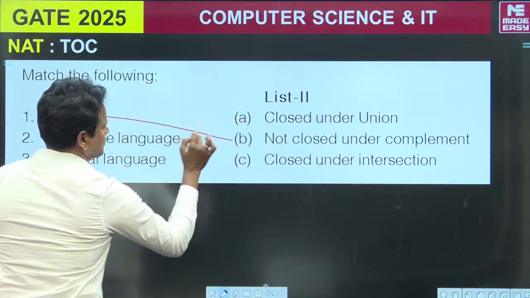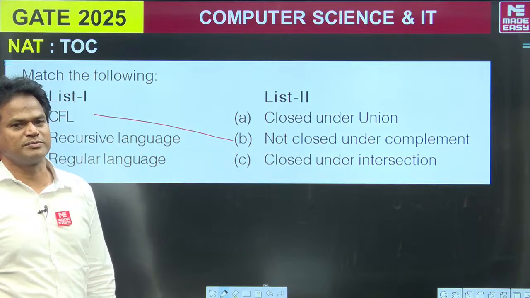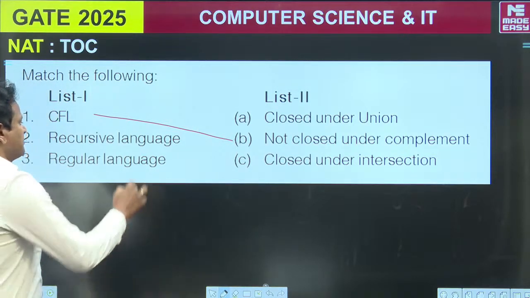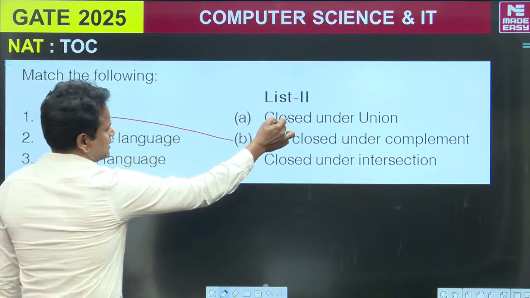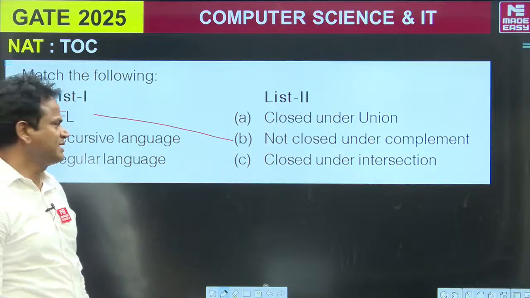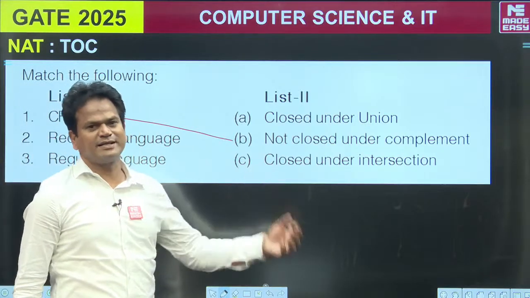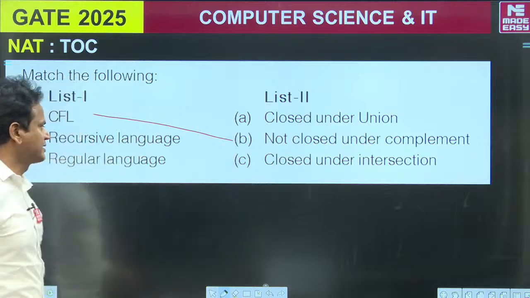CFLs are not closed under complement. DCFLs are closed, but CFL is not closed. And coming to recursive language and regular language, both are closed under union and both are closed under intersection. You can give any one, but we don't have the exact data. As per the data we have collected, I am giving the solution here.